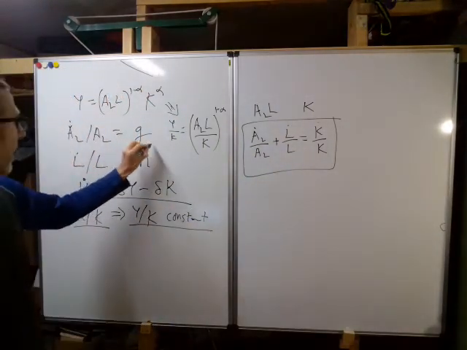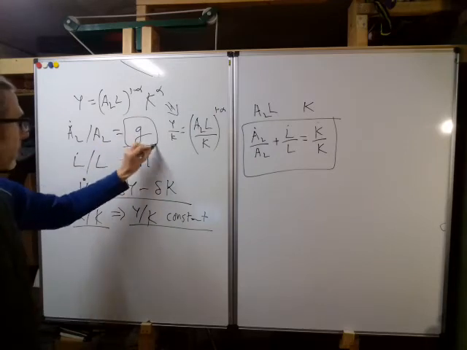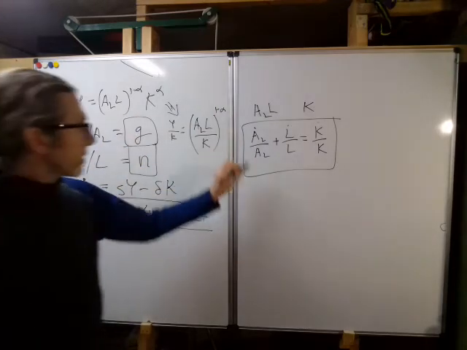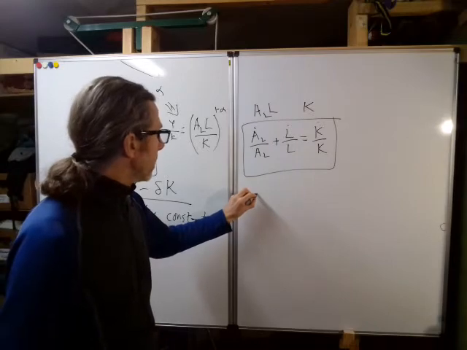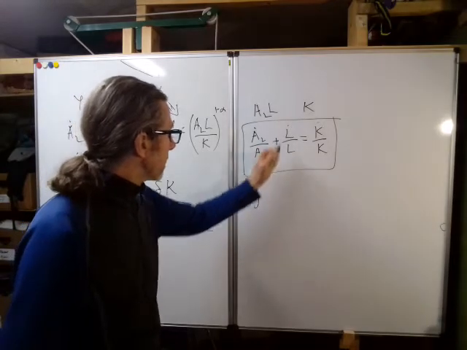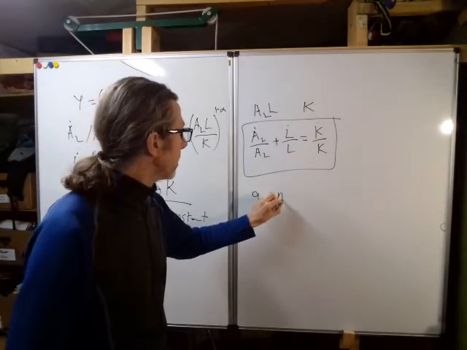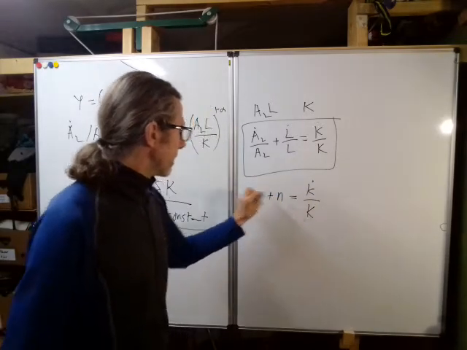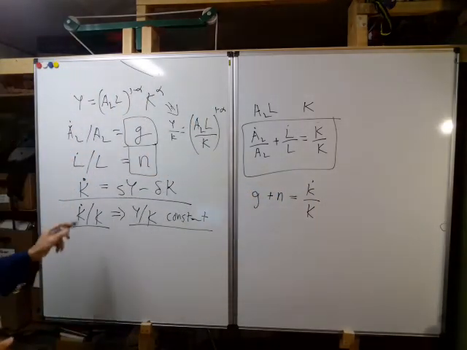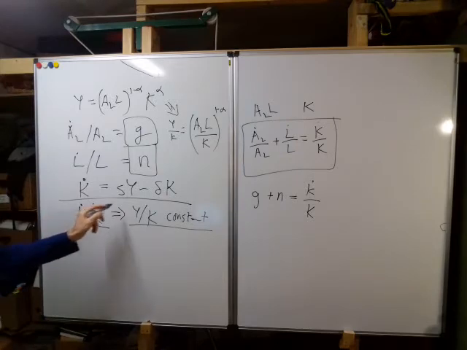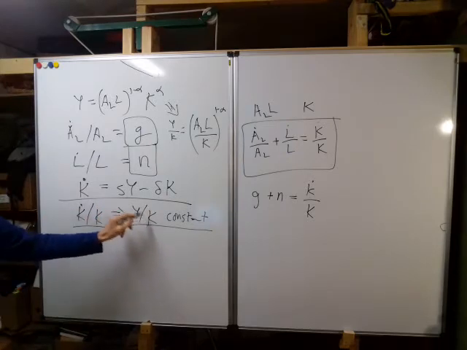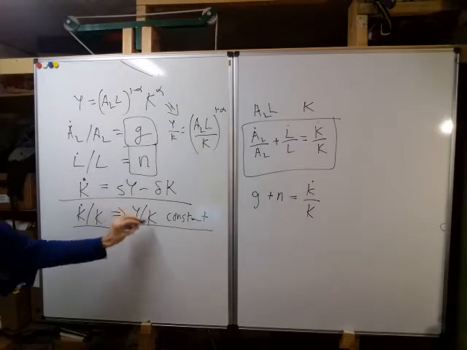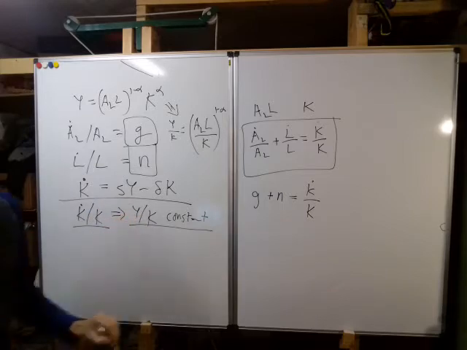N and G are given exogenously, so A dot over A is G, L dot over L is N, K dot over K is G plus N. But we also know that Y over K is constant, so that means Y dot over Y is equal to K dot over K.